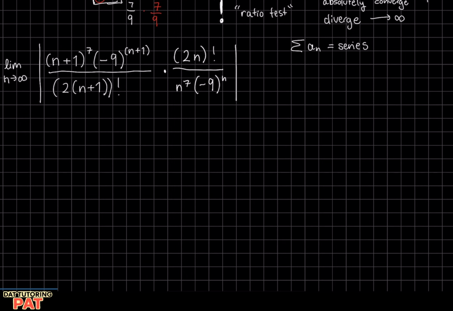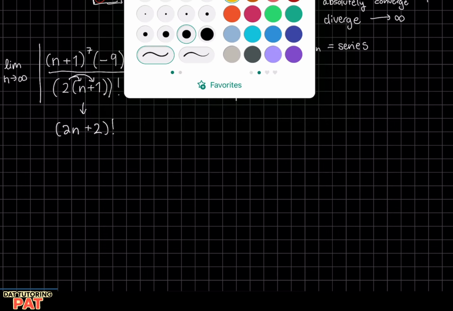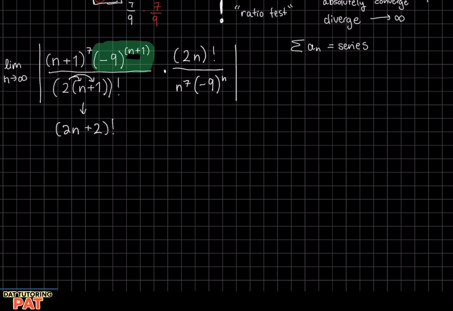So let's just go ahead and simplify this, right? Just gonna move these. We're gonna, what do they call it, foil. You're gonna foil it. So it'd be 2n plus 2 factorial. And so when you see, let me go ahead and highlight this so you guys can see what I'm doing, you have this negative 9 to the n plus 1. Now there's some exponent rule out there.